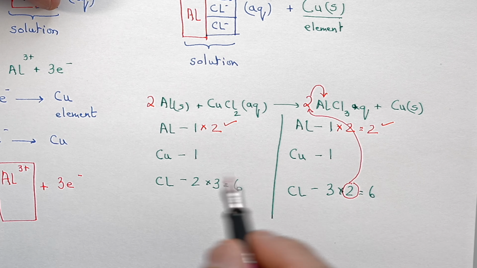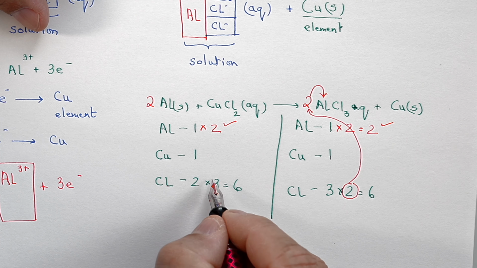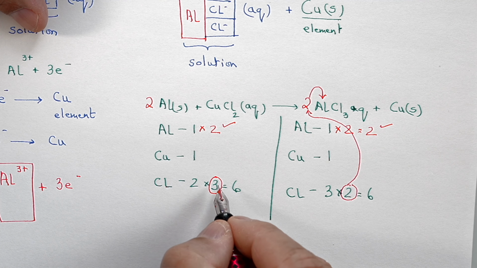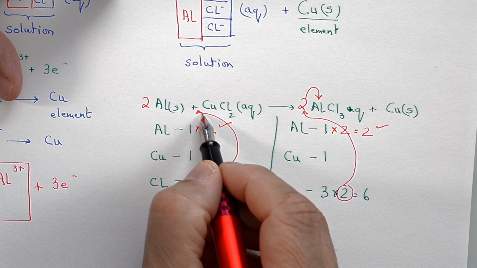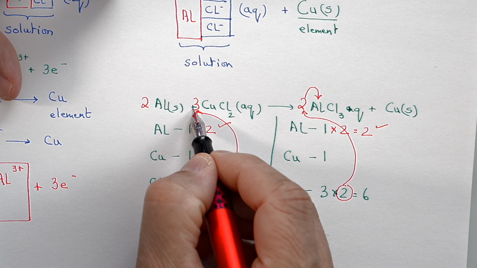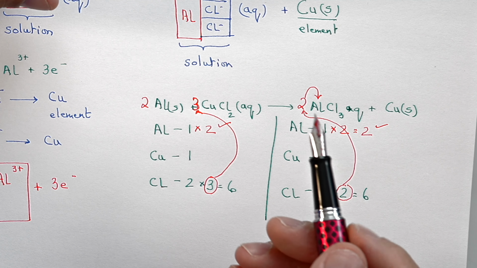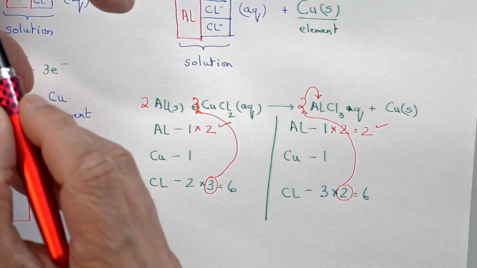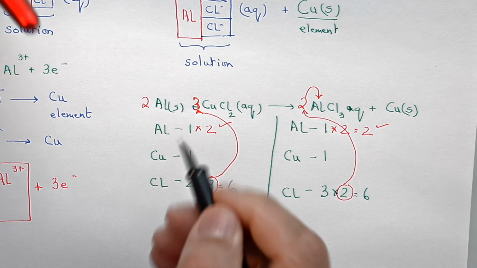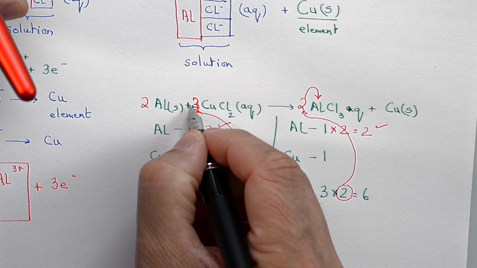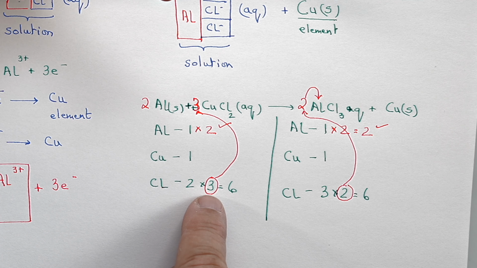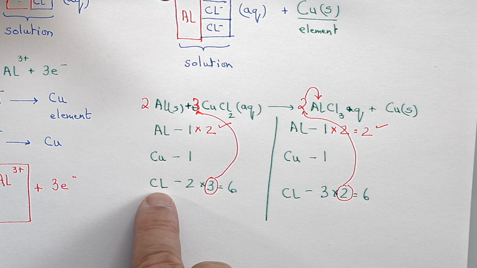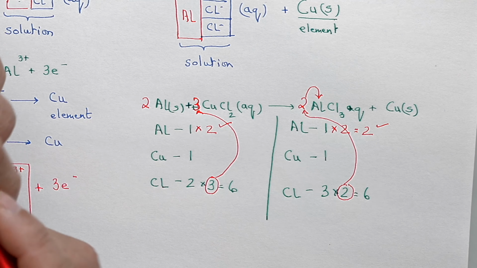Works. Now let's take a look at what happened here. The chlorine, the chloride ion, we multiplied it by 3. So this 3 needs to make its way in front of the copper chloride right here. Remember, there's a plus over here. I better make some room for that. So there's a plus here. The 3 goes in front of the copper chloride because that 3 doesn't just apply to the chloride, it also applies to the copper.